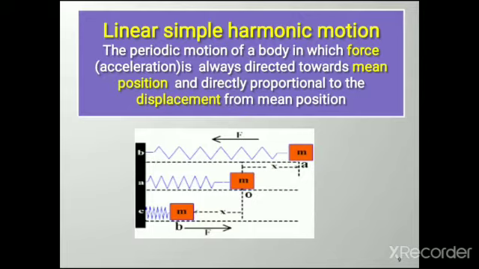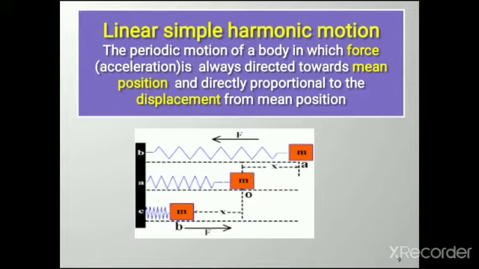Linear simple harmonic motion. The periodic motion of a body in which force or acceleration is always directed towards mean position and directly proportional to displacement from mean position. Here there are two conditions.